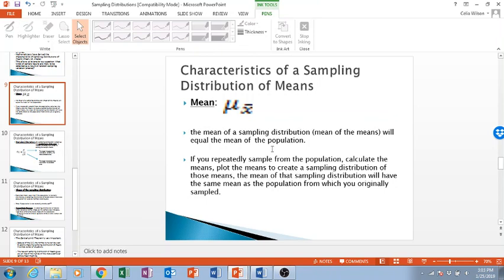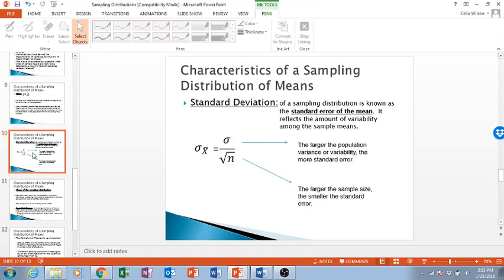Okay, so if we could randomly sample an infinite number of times and plotted all those means, the mean of the means would be equal to whatever is true in the population. Okay, so we know the mean, the characteristic of a sampling distribution, the mean of the means equals a population mean. That's super confusing.